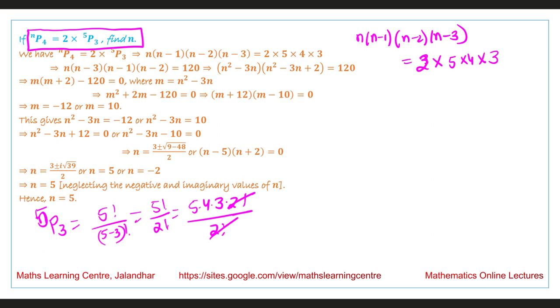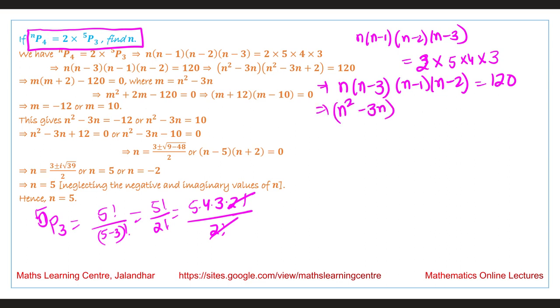So the equation we obtain is in the form n into n minus 3 into n minus 1 into n minus 2 is equal to 120. This implies (n square minus 3n) into (n square minus 3n plus 2) is equal to 120.